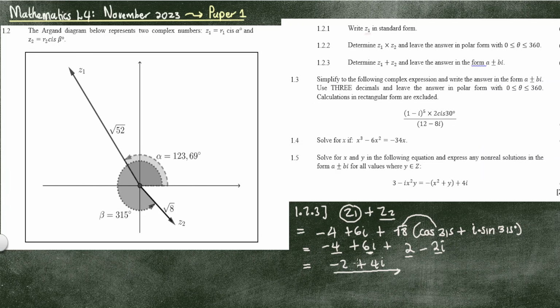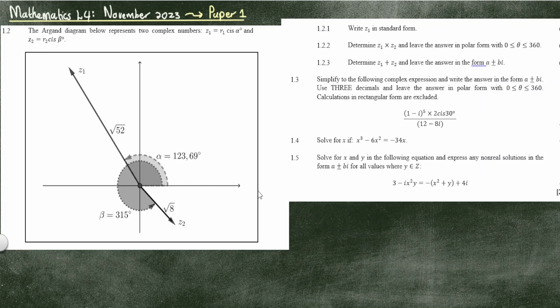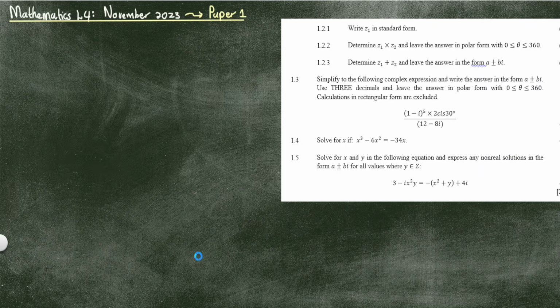Now 1.3, the next question. To create some space, I'm going to remove the Argand diagram, because it only pertained to 1.2. Question 1.3 has nothing to do with the Argand diagram.